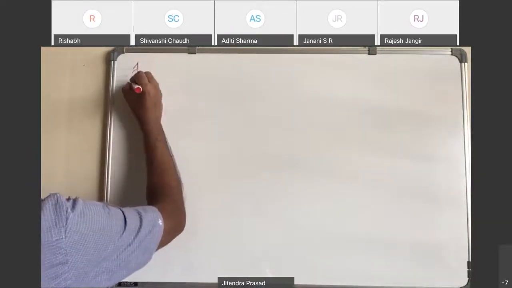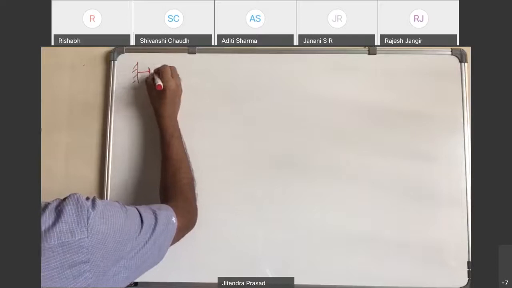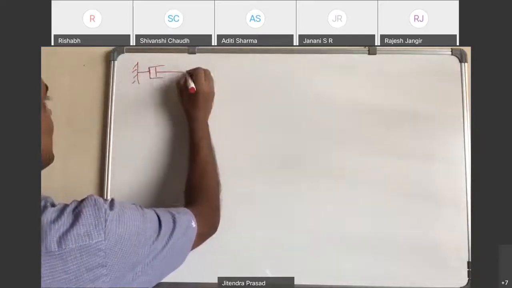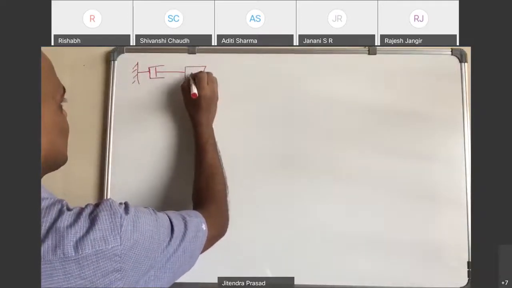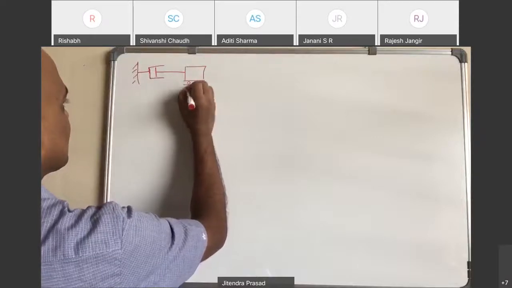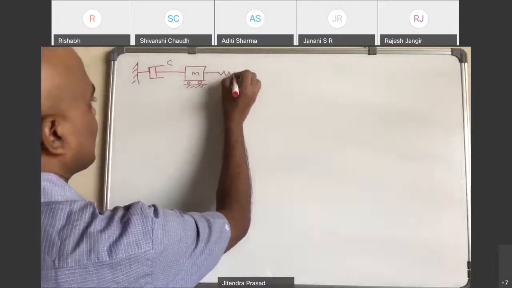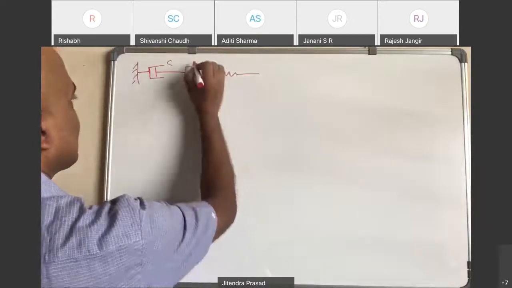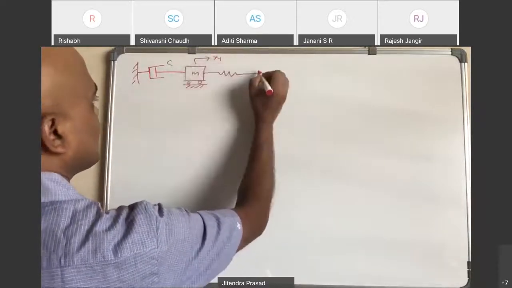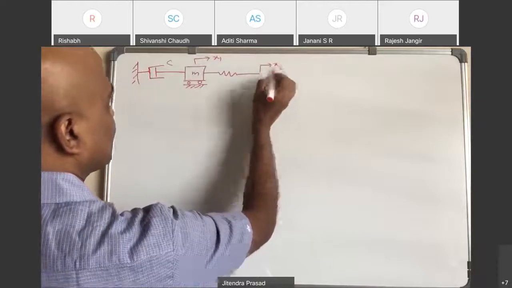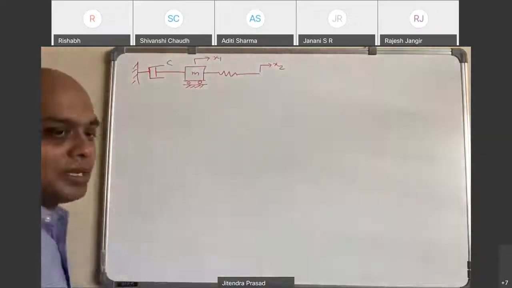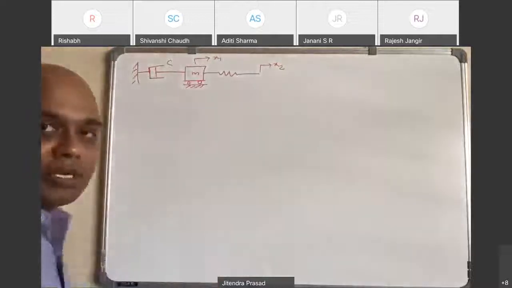You have a damper here, and then you have a mass here, and then you have a spring here. This one we say x1, this we say x2. You have to find out the force here.